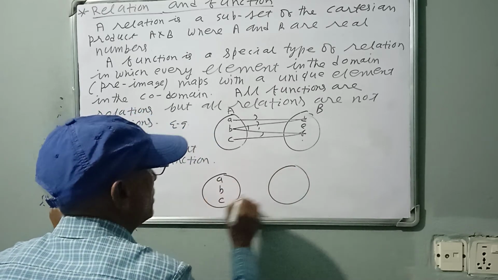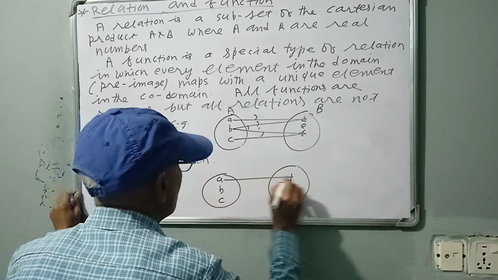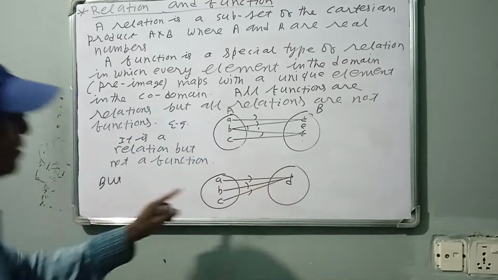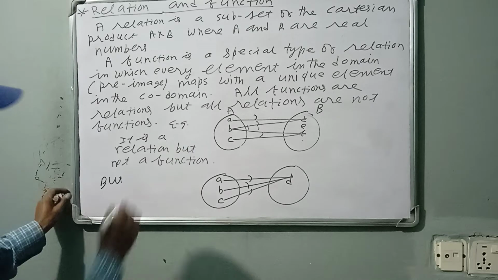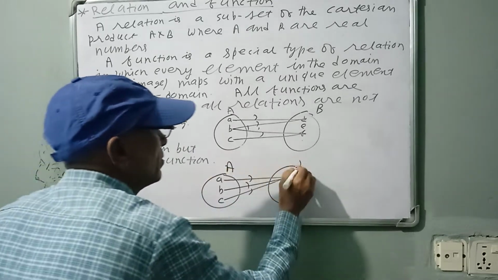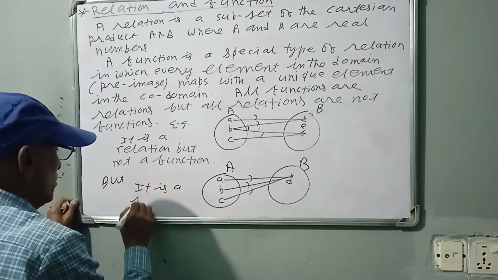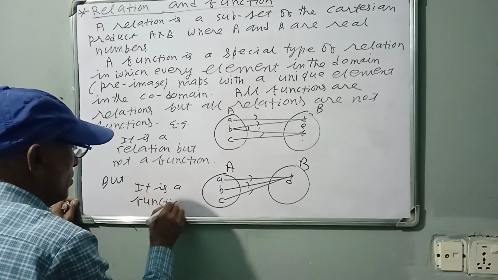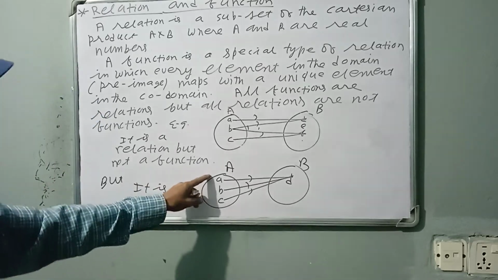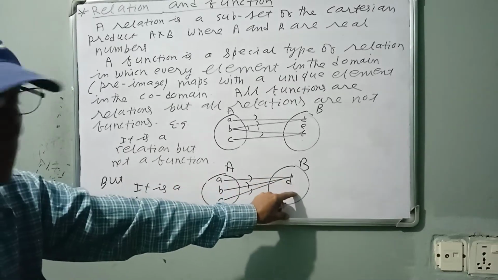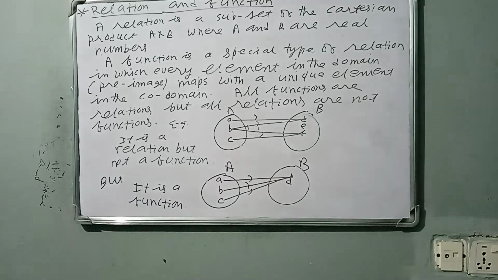A, B, C, D. But it is a function, because each and every element has a unique element in the codomain. Many to one onto function.